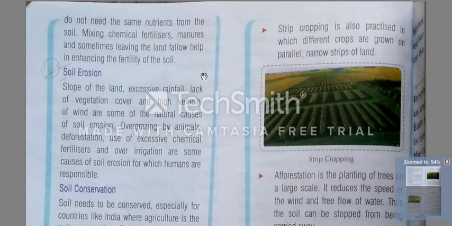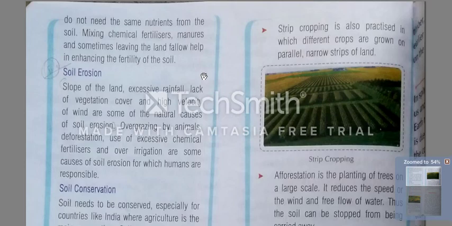What is soil erosion? Slope of land, excessive rainfall, lack of vegetation cover, and high velocity of wind are some of the natural causes of soil erosion. It means when heavy rain starts, the soil also starts moving with the water, and its nutrients also start moving with the water.